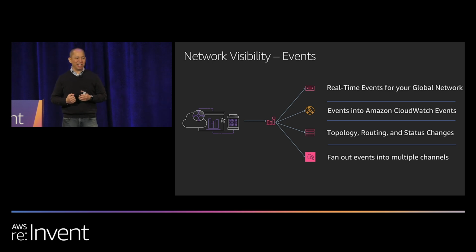When did a BGP session get established, or when did it go down? When did a tunnel go down? Or when did somebody decide to add a new VPC or new VPN connection? And that type of change isn't generally easy to track, even in a normal network on premise, and especially harder when you're distributed in the AWS cloud.